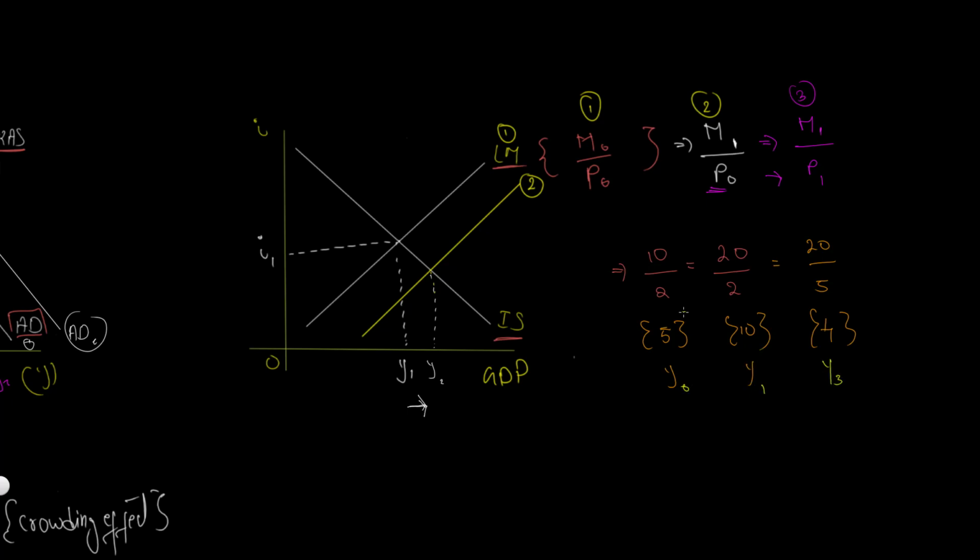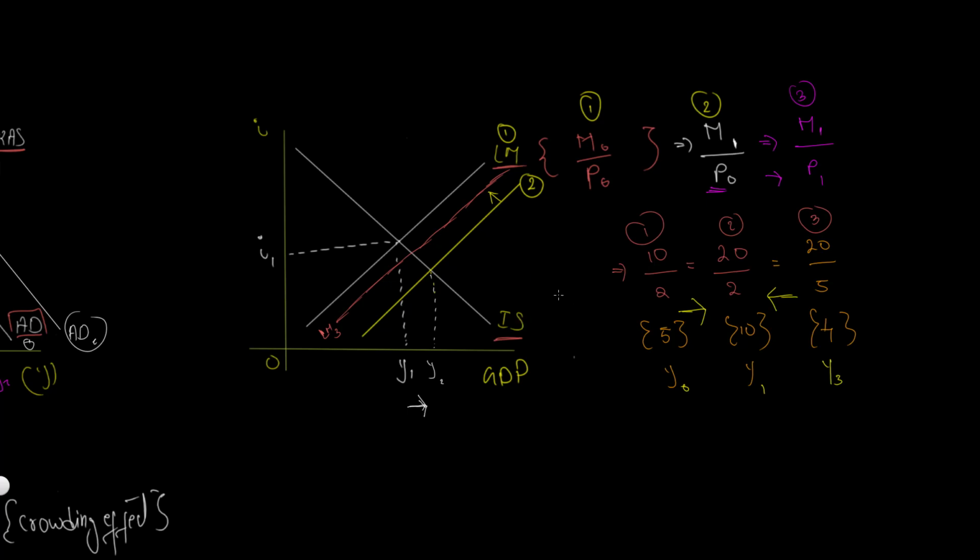The point is the LM curve will shift towards the right initially, but when the prices increase due to the increase in aggregate demand, the LM curve would shift leftward slightly. Let's call this point LM3. So LM3, LM2, LM1. What's going to be the total overall effect?